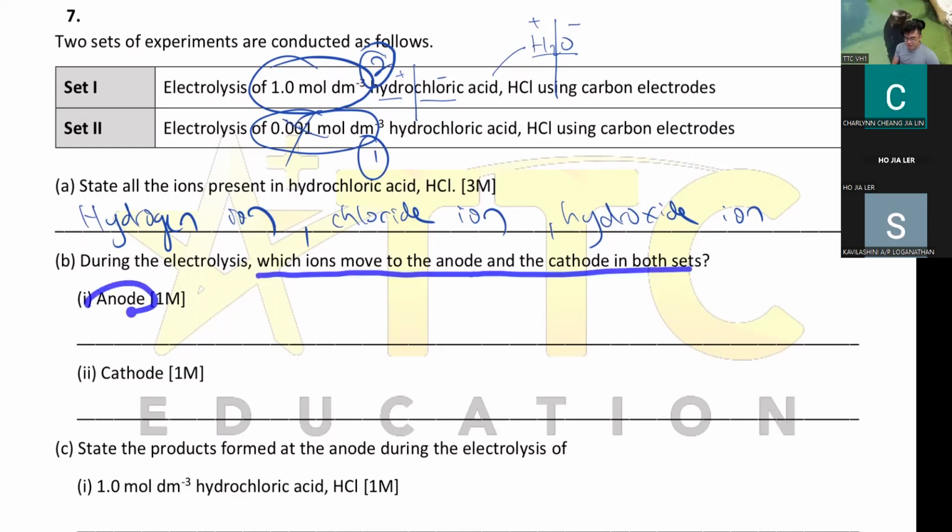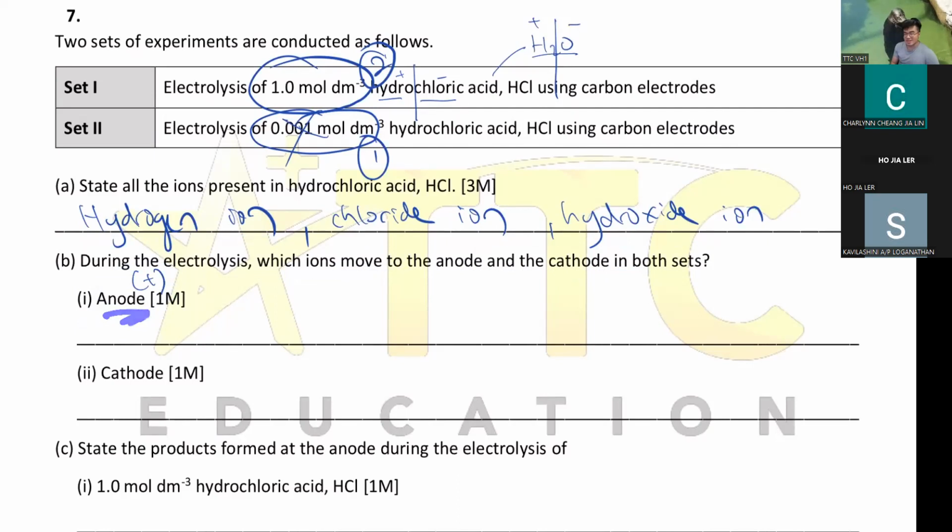Who goes to the anode? Anode is positive, right? So positive will pull who? Hydrogen or these 2? Who is attracted by the guy?